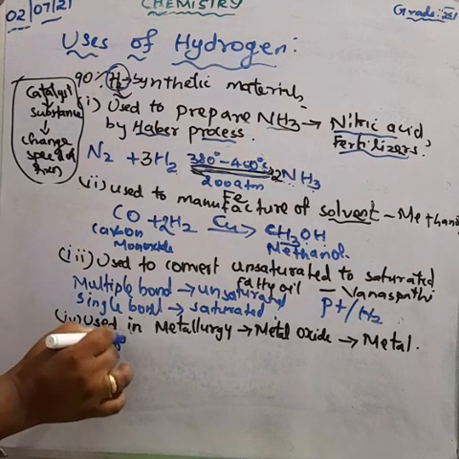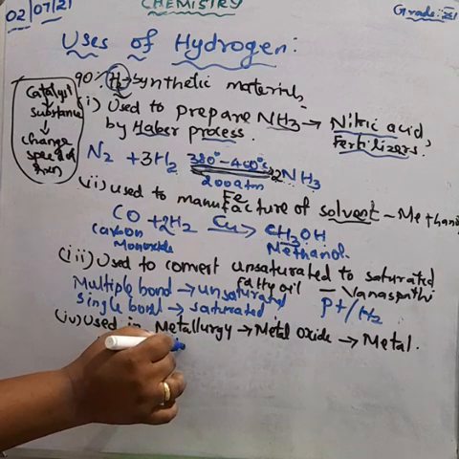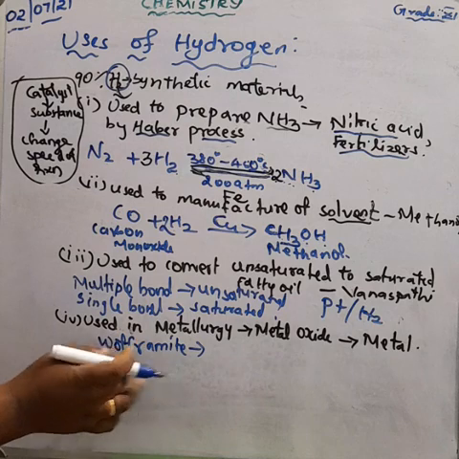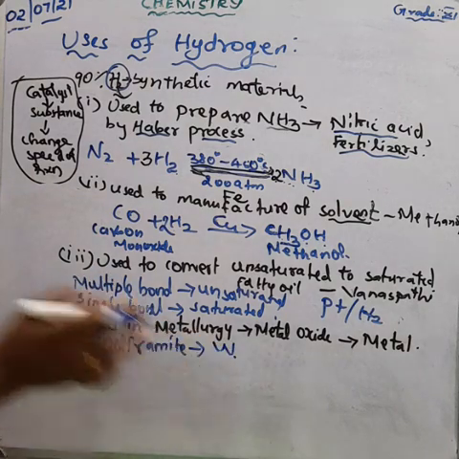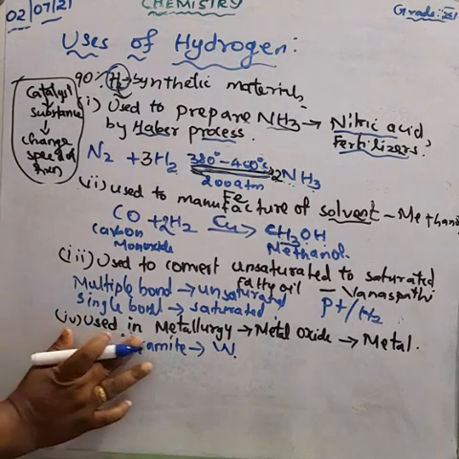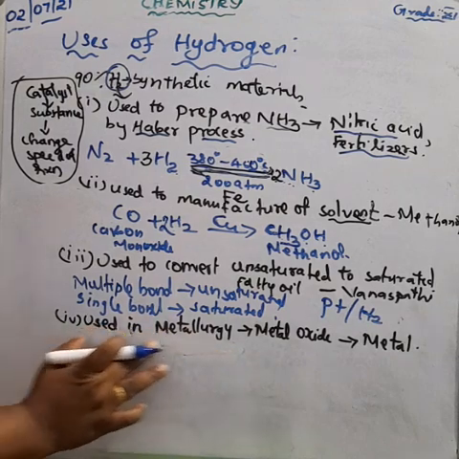What is the ore of tungsten? Wolframite. So wolframite is the ore of tungsten, and we have to separate the tungsten from wolframite. Another example: we have to extract aluminium from aluminium oxide. Aluminium oxide is the ore.